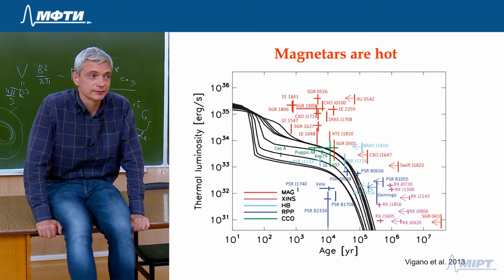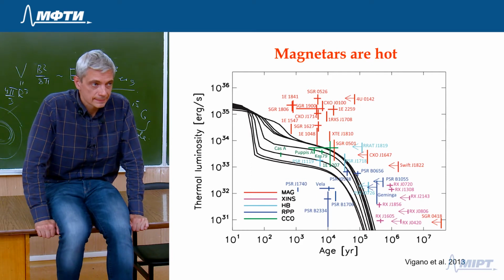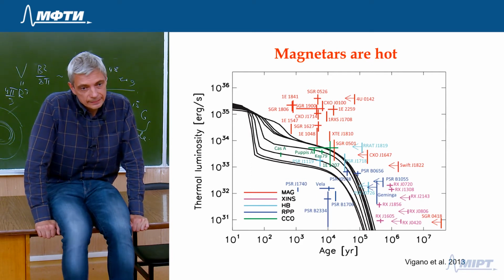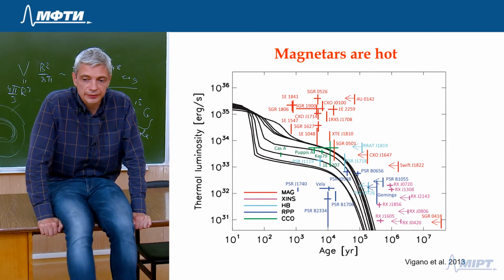Yeah? Can we talk about angular momentum exchange between the crust and the core, all these vortex spinning and so on, in terms of some friction, characteristic timescales? What are the timescales?